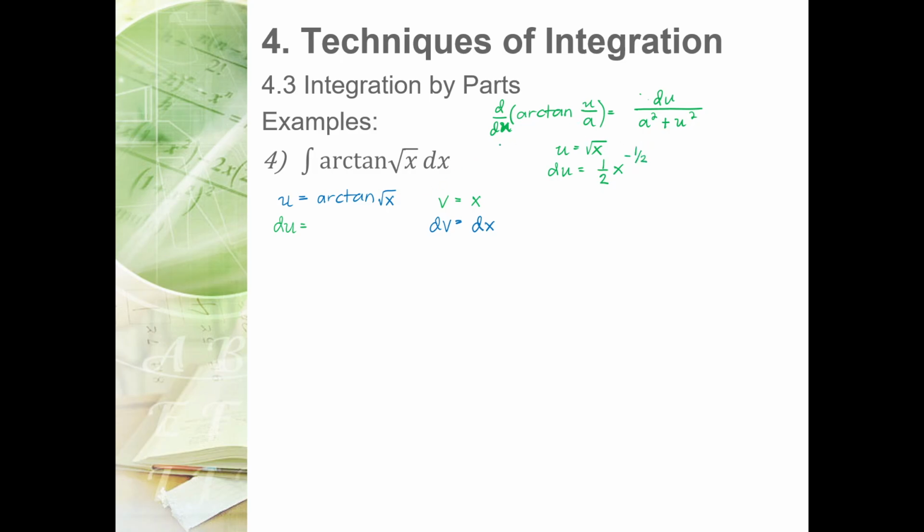Looking at the arctangent, a is equal to 1.